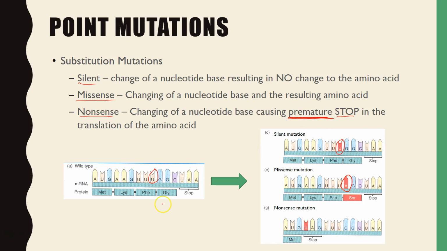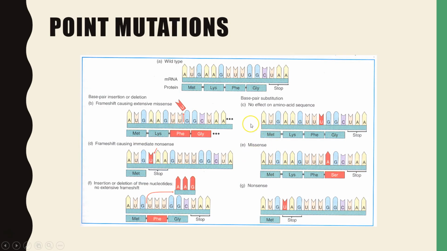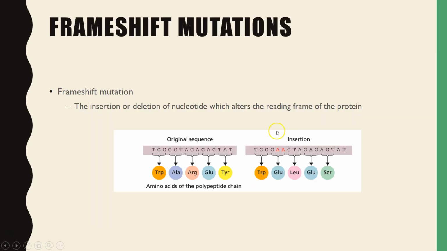So over here, we have a change in the amino acid from the A to the U, and that's a nonsense mutation, meaning we'll have a stop codon produced, meaning the protein will no longer be translated. They're point mutations, changes in one nucleotide, which will affect the protein in 3 different ways. So here's a summary of just the point mutations shown over here.